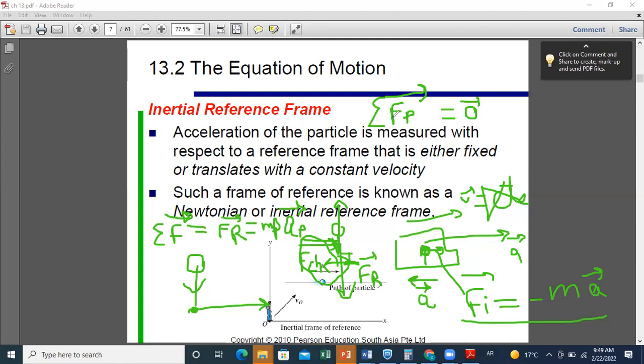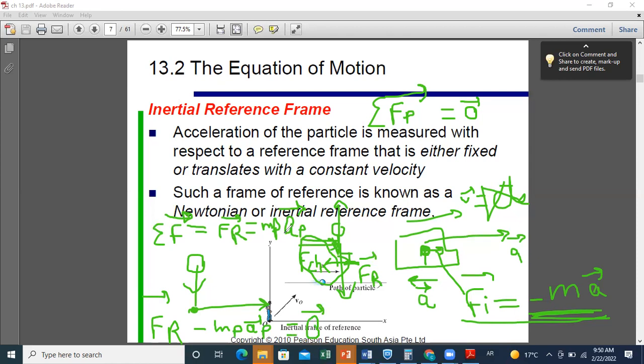But when I write the sum of forces here, what should I add? I should add the inertia force to these forces. So I will get that F resultant minus the mass of the person times the acceleration of the car, which is the same as the acceleration of the person since the person is fixed relative to the car, equals 0.